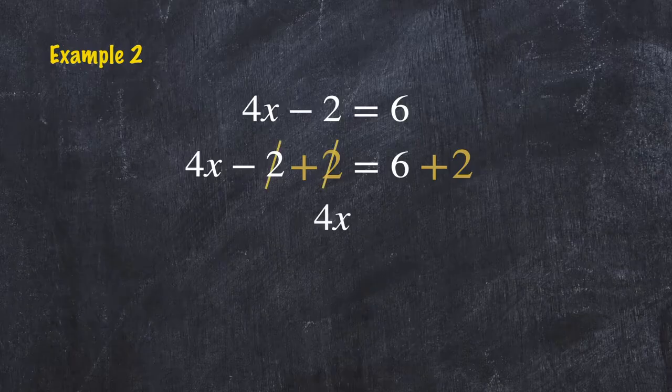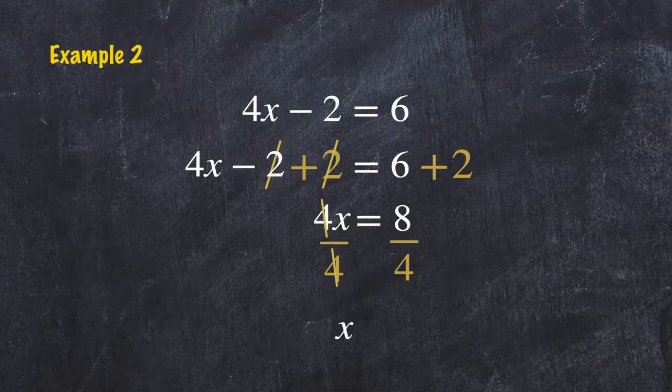So that leaves us with 4x is equal to 6 plus 2, giving us 8. At this level, we divide each side by 4. We cross out the 4, and x will be equal to 8 divided by 4, which gives us 2. So if you understand the golden rule of algebraic expressions, it becomes so much easier to solve multi-step equations.